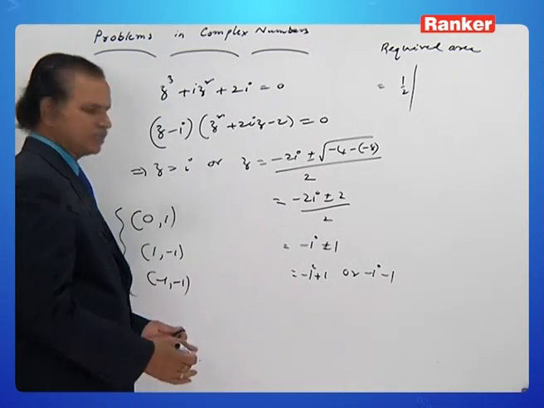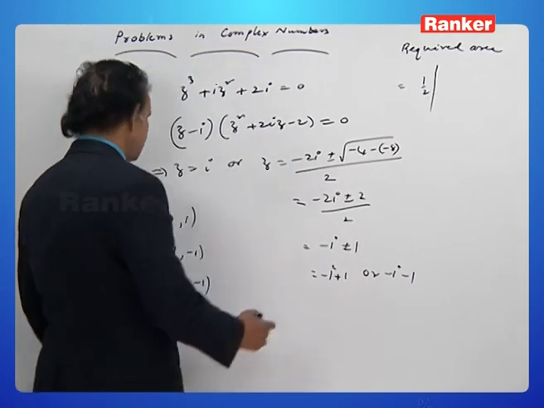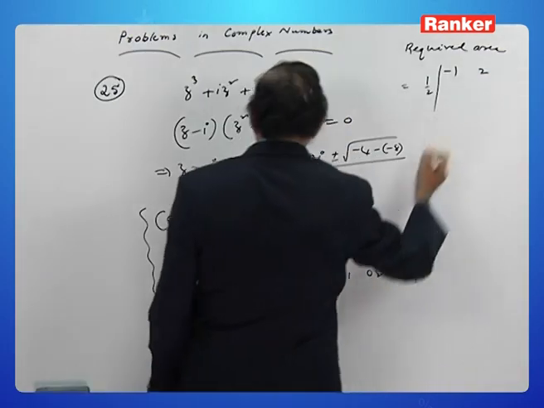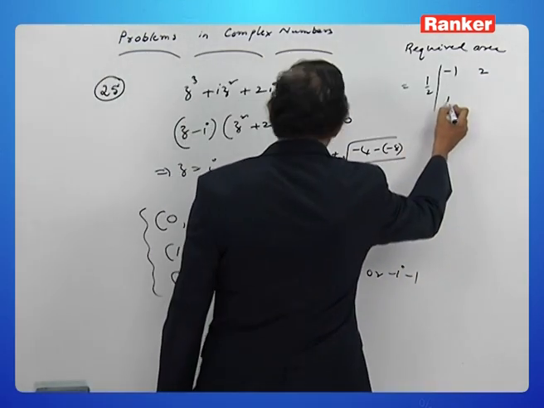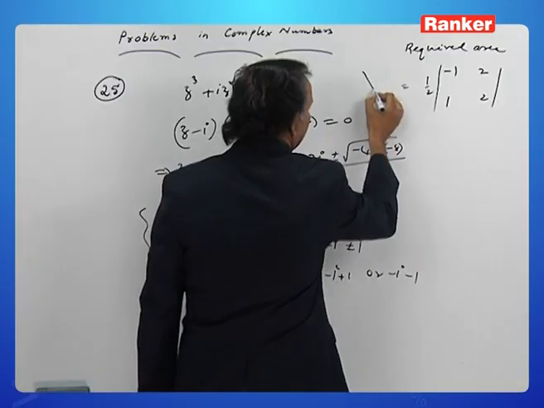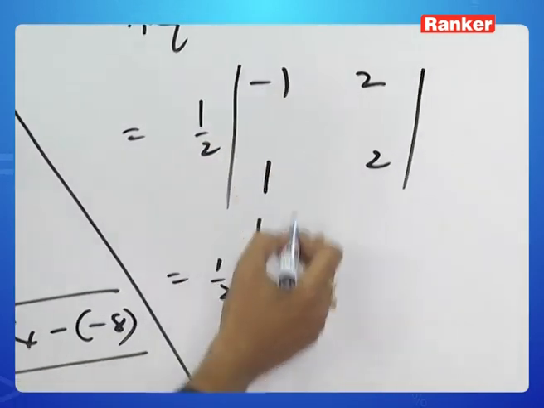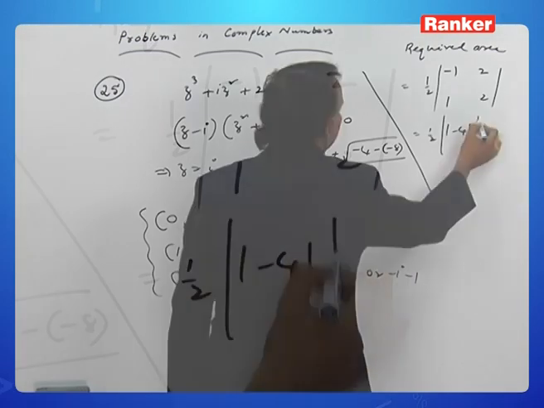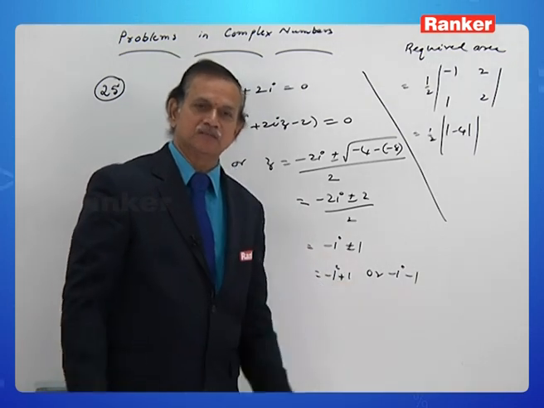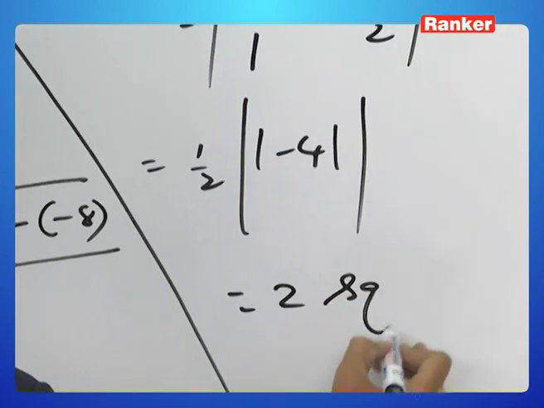You shift the origin to any point you like, to this point I like. 0 minus 1 is minus 1, 1 minus of minus 1 is 2, 0 minus minus 1 is 1, 1 minus of minus 1 is 2. This is equal to half into minus 2 minus 2, which is minus 4. Mod of minus 4 is, as it is area, it must be expressed in positive square units. So it is 4.